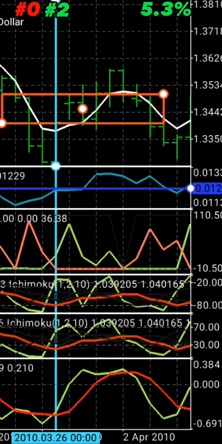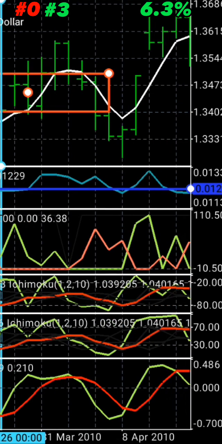So we have roughly, it should be another 1%. So our account is going to grow by a factor of 1 again.